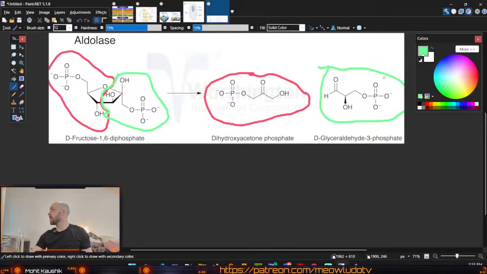Now let's just count how many carbons each has. 1, 2, 3, so it's going to be C3. And then 1, 2, 3. This is C3. One P each, we can just write P. This won't be perfect, but this is just so we can count the atoms.